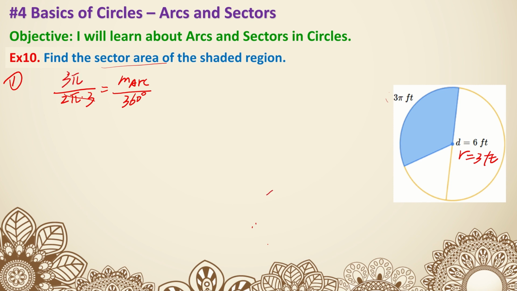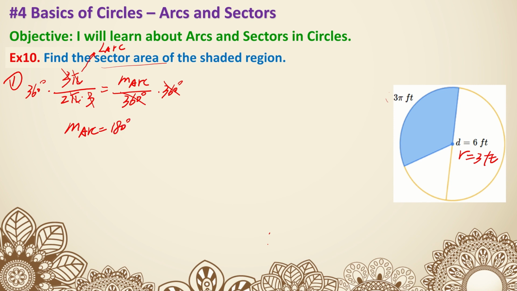So we're going to multiply both sides by 360 degrees to get rid of the right side. And the left side, we end up with 360 degrees times 3 pi over 6 pi. The pi cancels out, the 3 cancels out, so it's 360 over 2. That means the measure of the arc is 180 degrees.